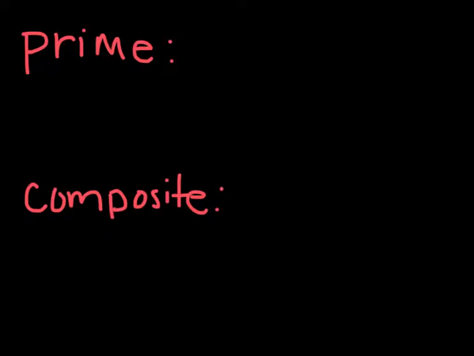Before we move on to prime factorization, let's review a couple of key vocabulary terms. A prime number is a whole number that is greater than 1 and has exactly 2 whole number factors, 1 and itself. For example, 31 from our previous problem is prime.